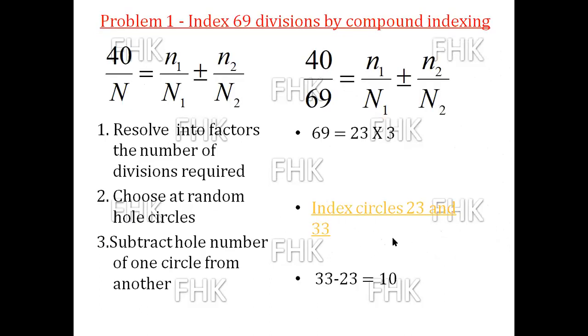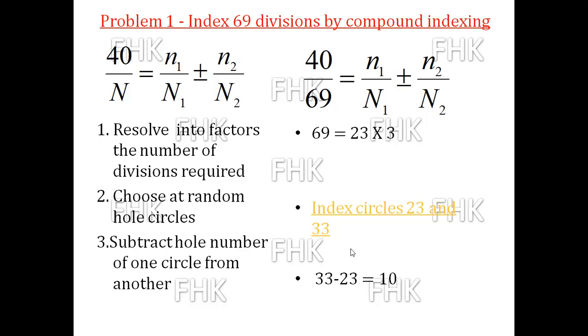23 and 33. Now the next step is to subtract the whole number of one circle from another. If I am taking 33 and 23, I will make the subtraction: 33 minus 23 is equal to 10. If somebody takes 23 and 21, your difference will be 2. If somebody takes 23 and 27, your difference will be 4.